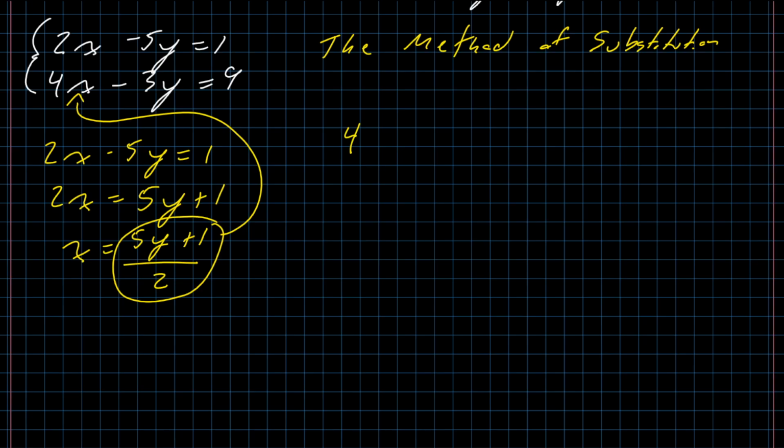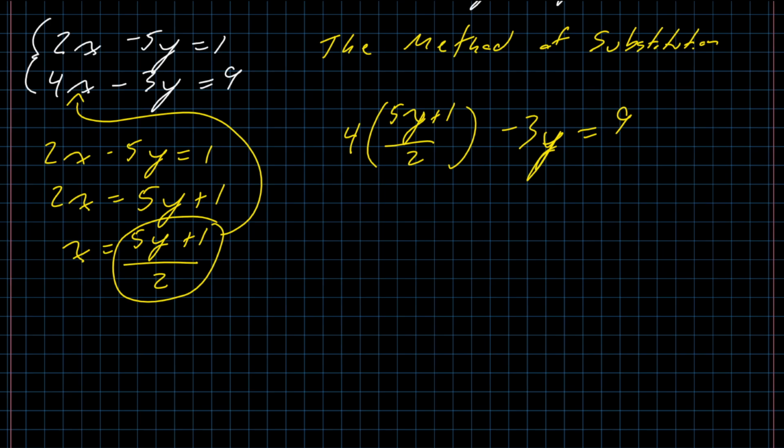So we have 4 times x, but x is (5y plus 1) over 2. That's where the name comes from. We substitute an expression for one variable.